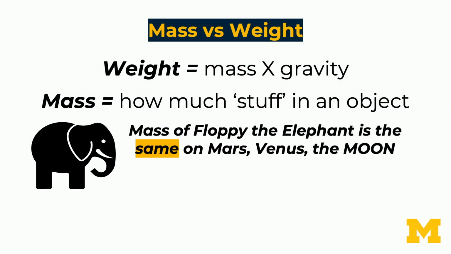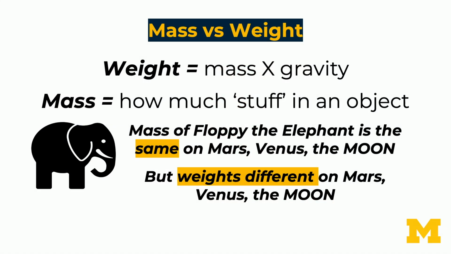For example, let's take an elephant, Floppy the elephant, and talk about his mass. If we move Floppy to different planets in our solar system, Mars, Venus, or the moon, the mass is exactly the same on all of those bodies. The number of particles doesn't change.